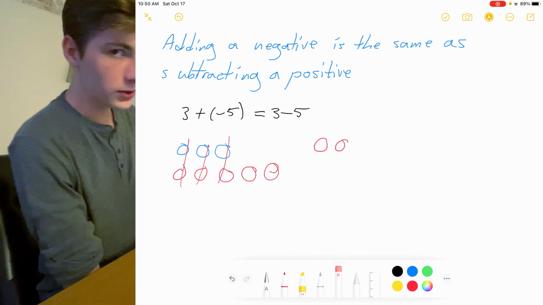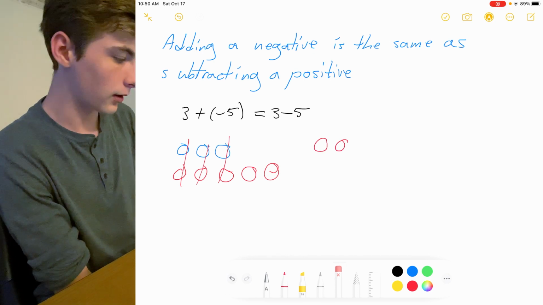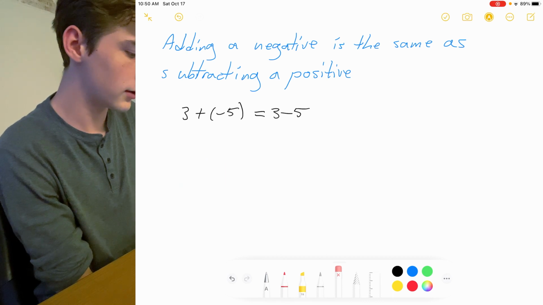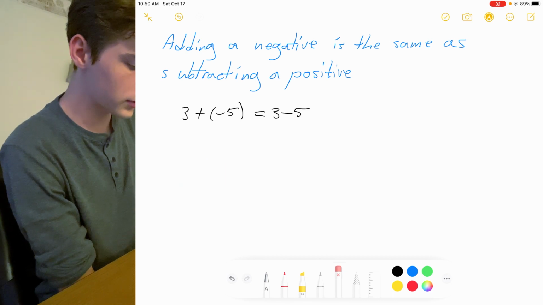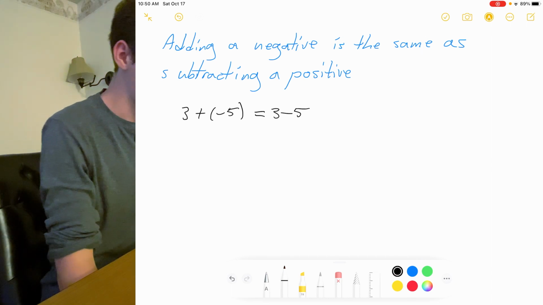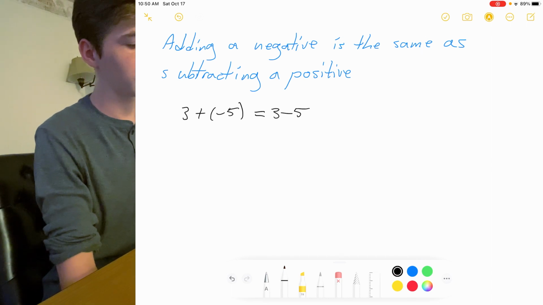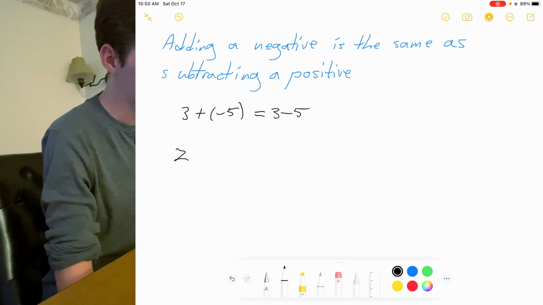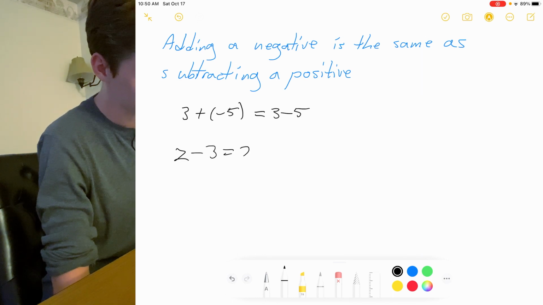It's a lot easier to visualize with the addition with these circles, but it's important that you're able to recognize that 3 plus -5 is the same as 3 minus 5. It's also important to recognize that 2 minus 3 is the same thing as 2 plus -3.